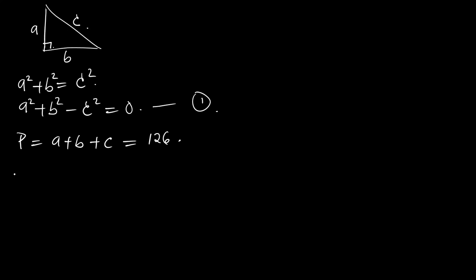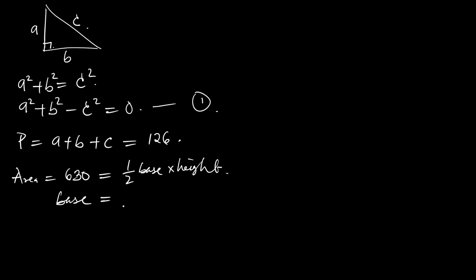Now the area is given as 630, and the area is equal to half base times height. So the base here is B, while the height here is A.